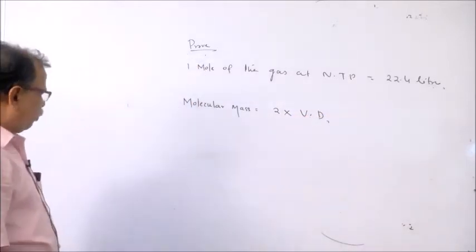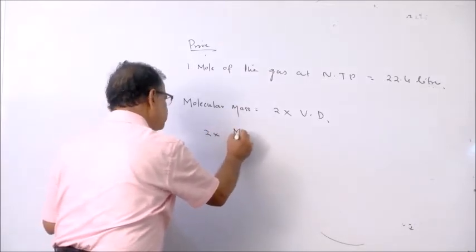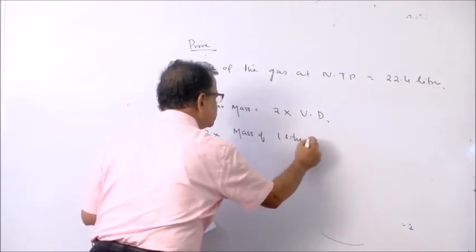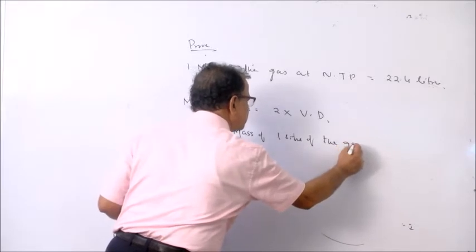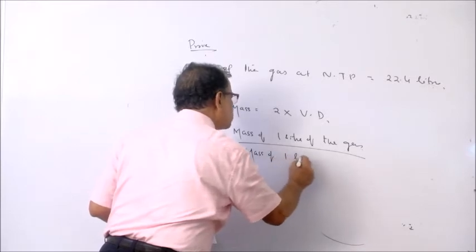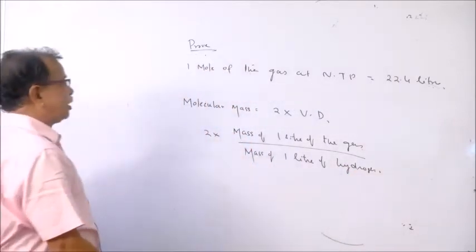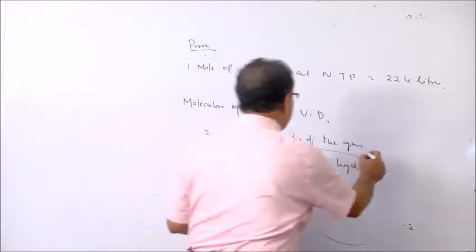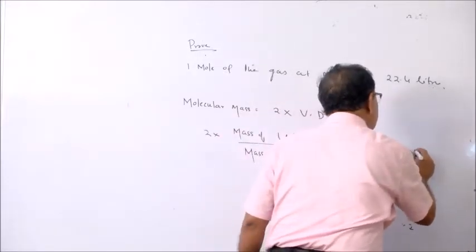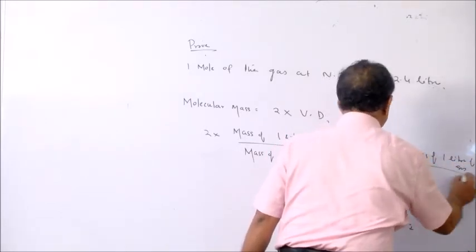So it is 2 into the mass of 1 liter of the gas divided by the mass of 1 liter of hydrogen. Hence, 2 into the mass of 1 liter of the gas divided by the mass of 1 liter of hydrogen.